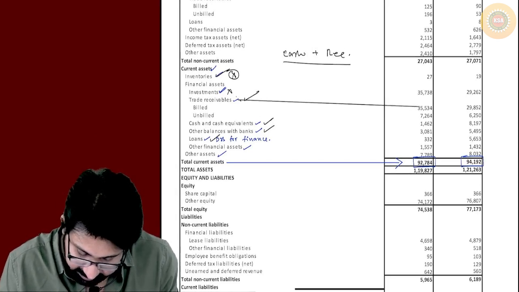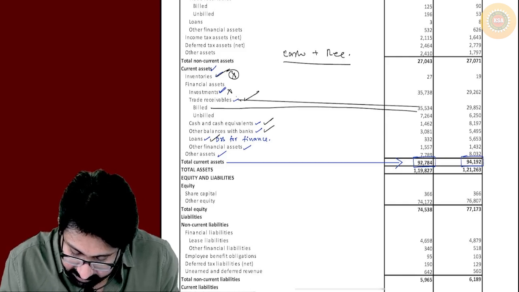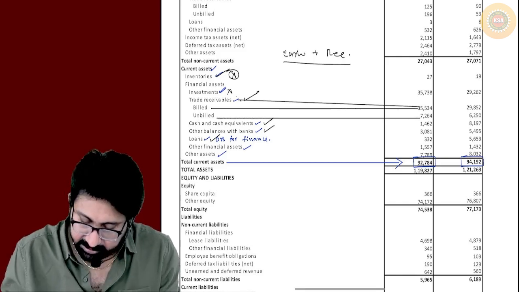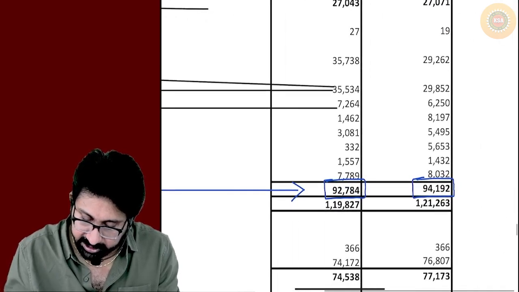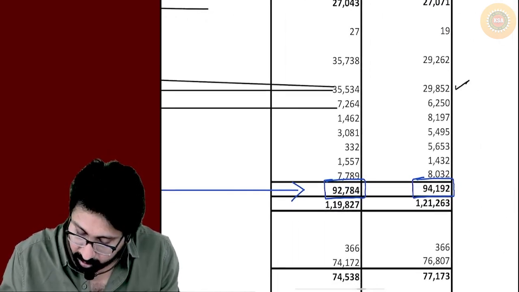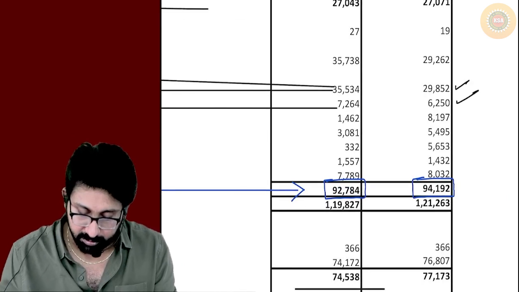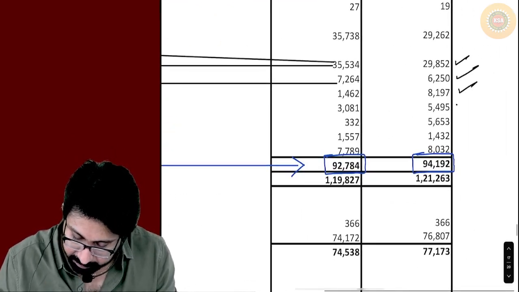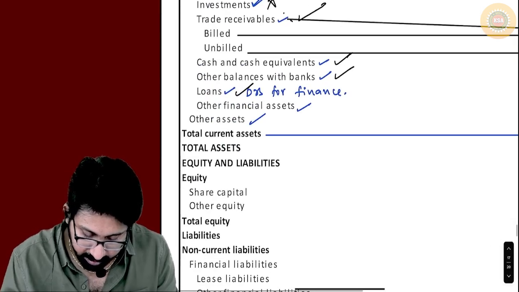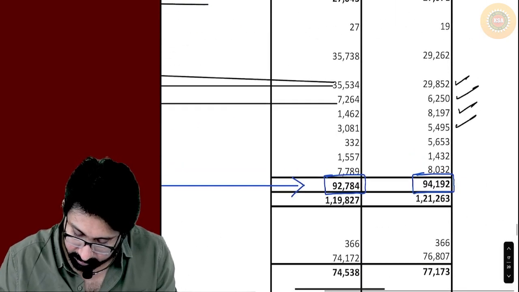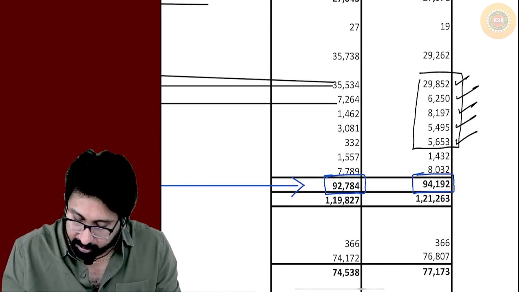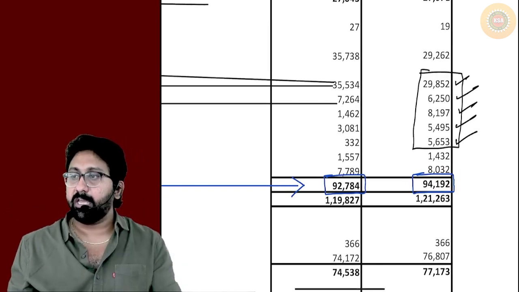Billed one is 35, unbilled amounts are 7264, like that. Can you see here? These are the two amounts we have to take. Next, after that, cash and other balances with bank. These two also we have to take.